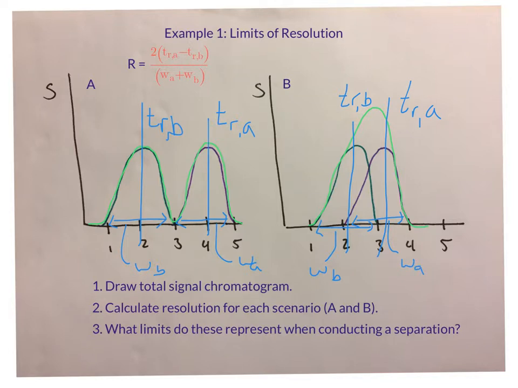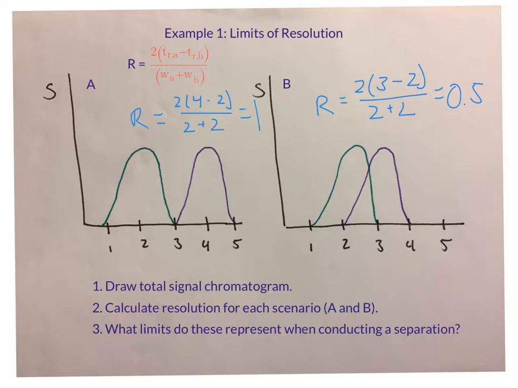And by looking at what these numbers are, where the widths are equal to 2, 4 minus 2, and our retention times, we can get pretty easily from the plot. We can come in here and calculate the final resolution.